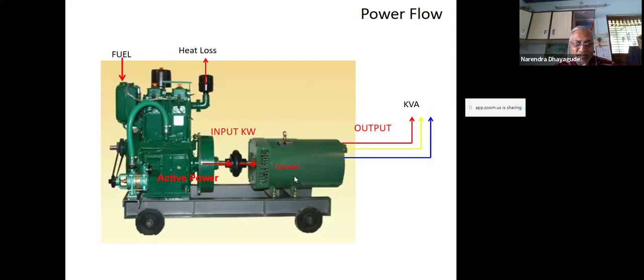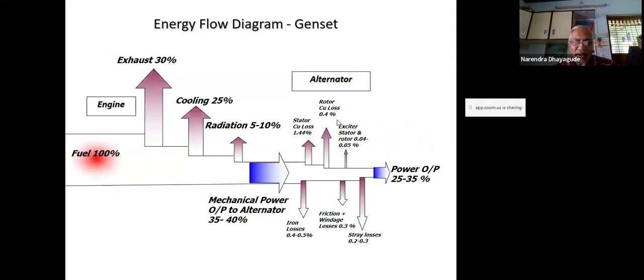Then there are some losses in the alternator, and whatever remains is the output in terms of kVA. So we give chemical input, it is converted into mechanical energy, and this mechanical energy is converted into electrical energy. So this is the general energy flow or power flow.